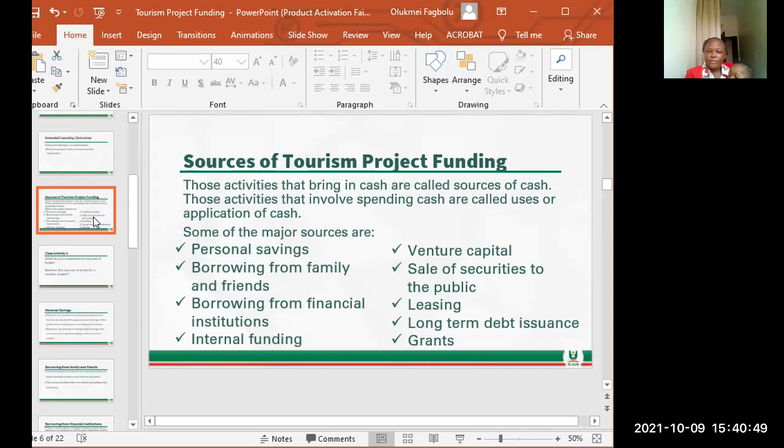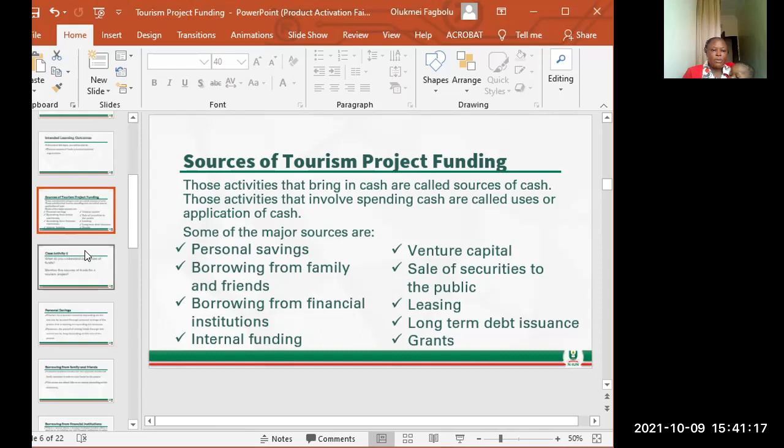Personal savings, borrowing from family and friends, borrowing from financial institutions, internal funding, venture capital, sale of securities to the public, leasing, long-term debt issuance, and grants. These are the sources of tourism project funding.